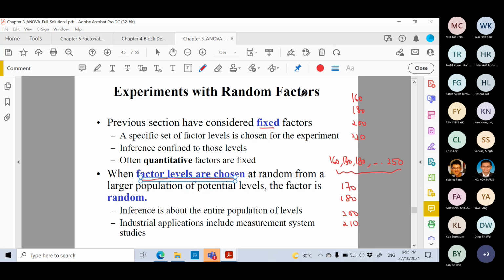The calculation for the fixed factor and the random factor is not very different, especially calculating the SS for the total, SS for the treatment, SS for the error. So this is called the random effect model. Even though we concentrate on certain levels, our conclusion we can make for all of them. Okay.